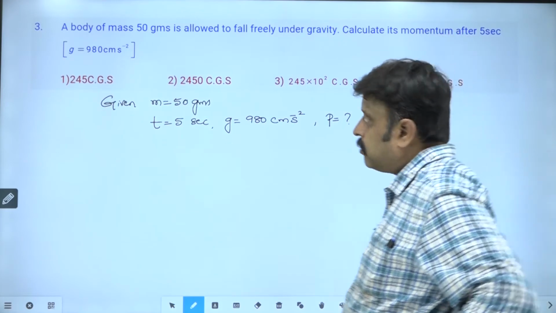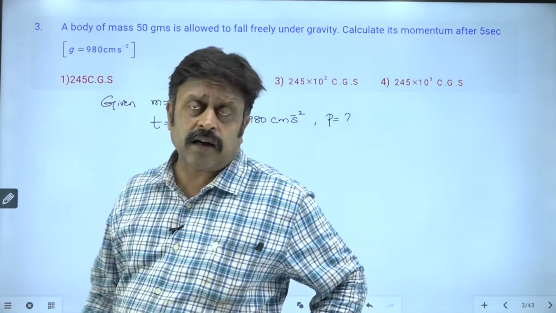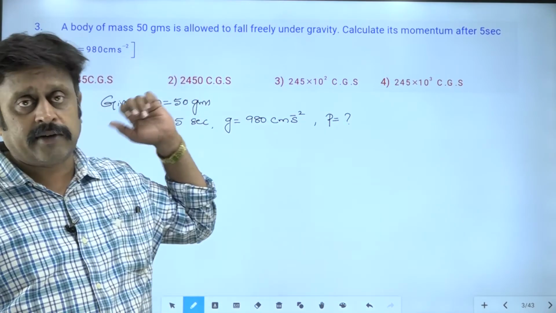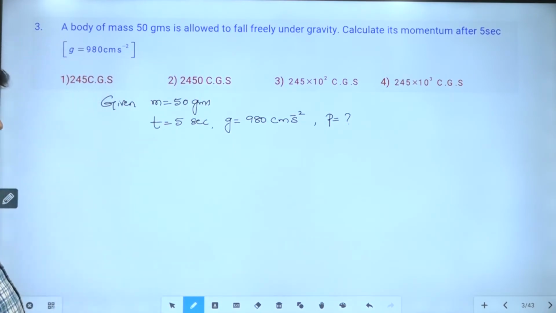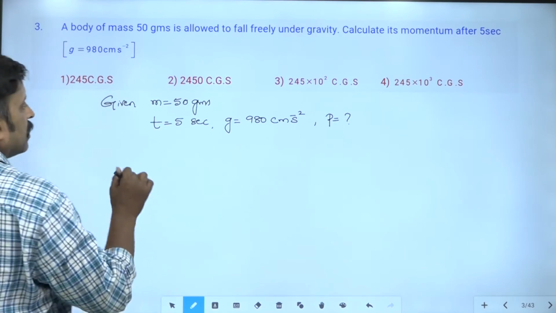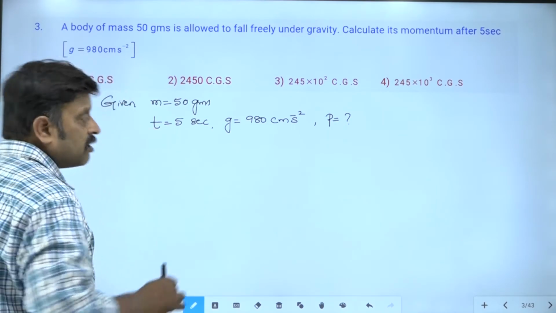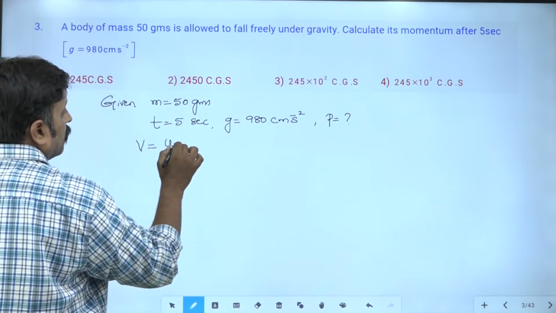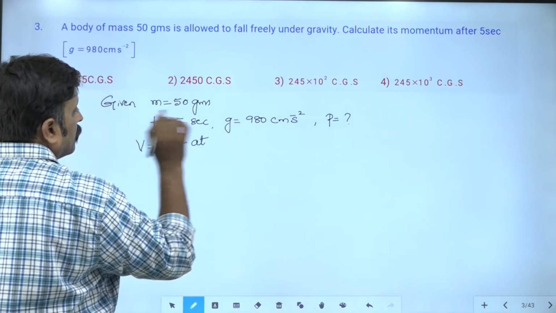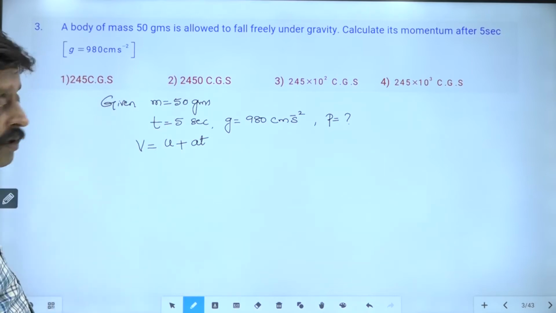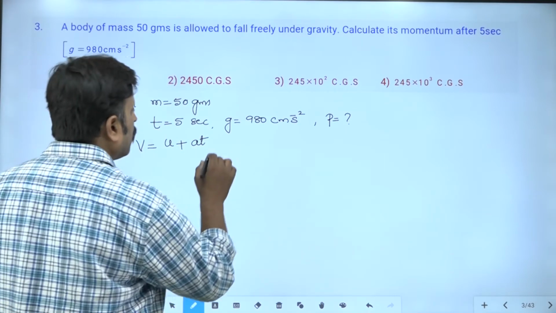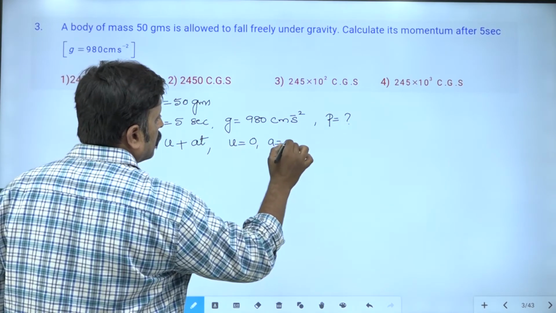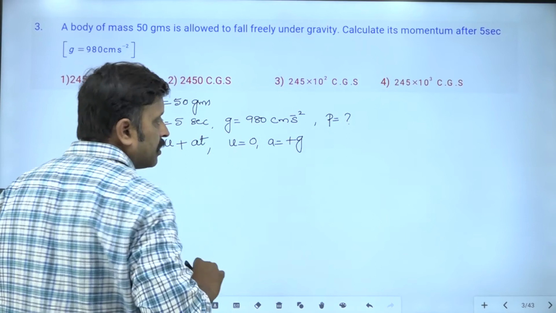Okay. Now, he said that the body is falling freely under the influence of gravity. As the body is a freely falling body, in order to calculate velocity, let us use the first equation of motion. What is the first equation of motion? v is equal to u plus at. We know that for a freely falling body, initial velocity of the body is 0 and a is equal to plus g, right?